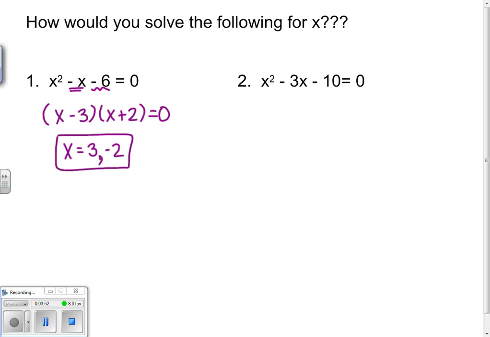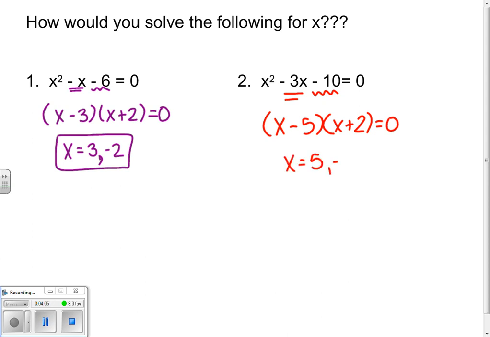Taking a look at number 2. 2 numbers that multiply to negative 10 and add to negative 3 are minus 5 and positive 2. Roots from those factors would be a positive 5 and a negative 2. As long as you factor it first, you should be able to find the roots from there.